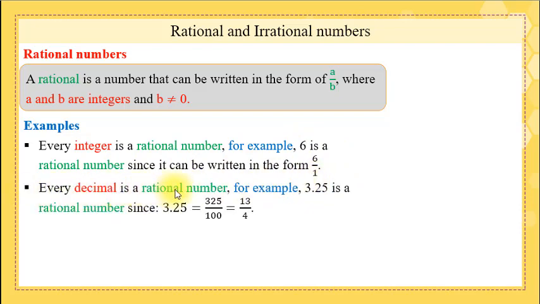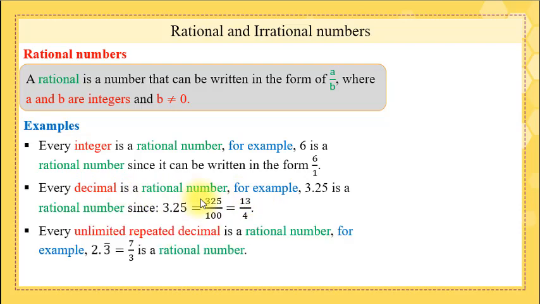Also, every decimal is a rational number, because 3.25, the decimal number, we can write in the form 325 over 100 and simplify it to get 13 over 4, which is in the form a over b. So, since a decimal number can be written in the form of a fraction, we can say a decimal number is a rational number.